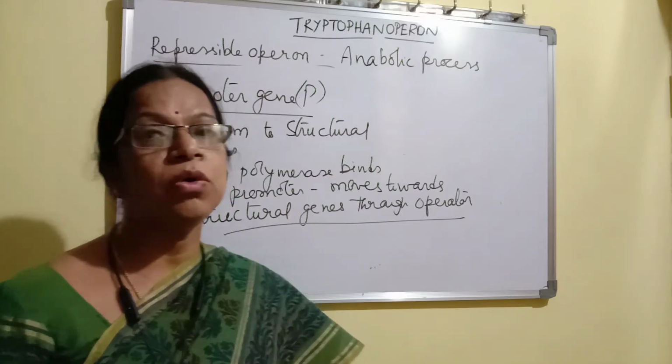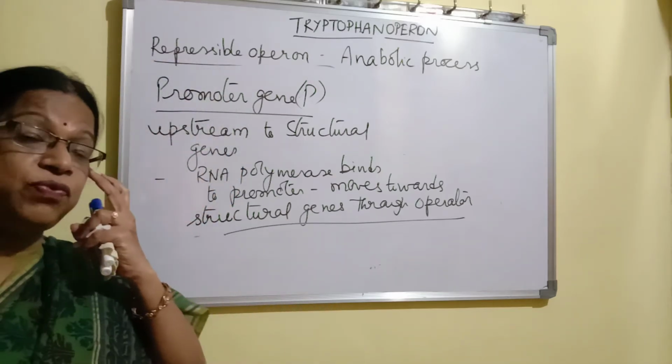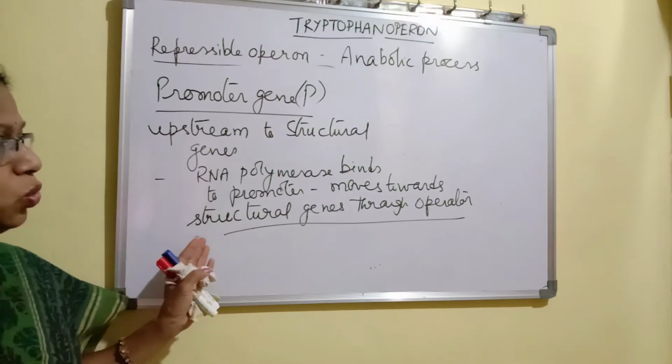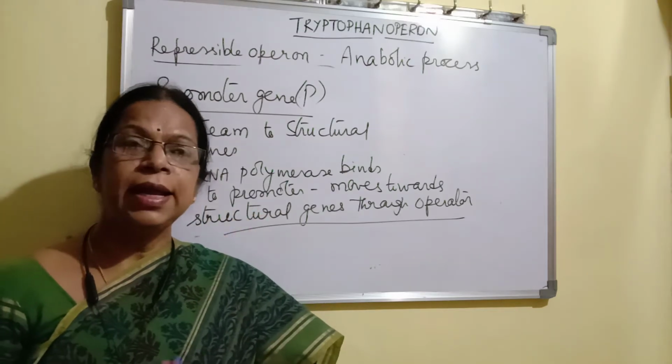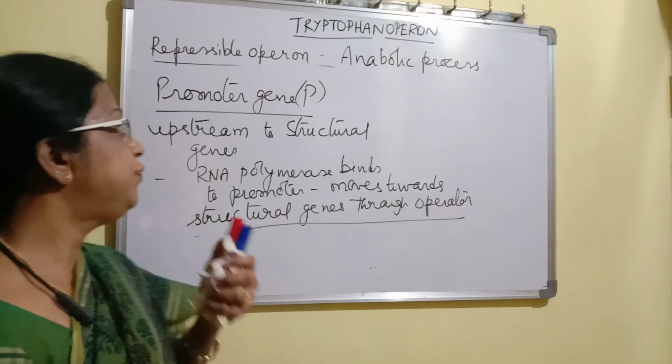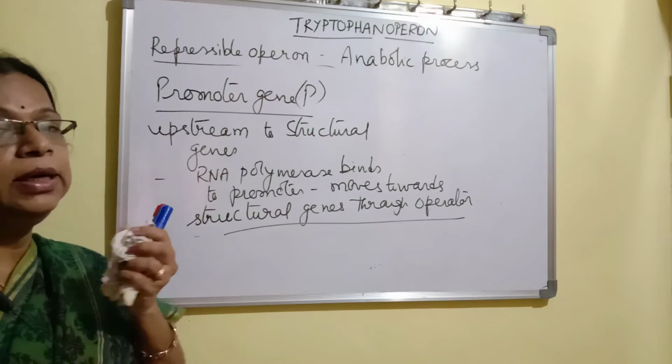That is the function of the promoter. So if the operator is left free, RNA polymerase can easily move from the promoter to the structural genes and help in the transcription of structural genes. That is the function of a promoter region.